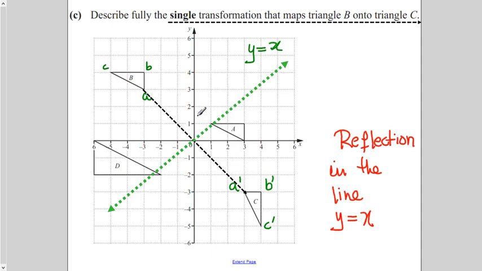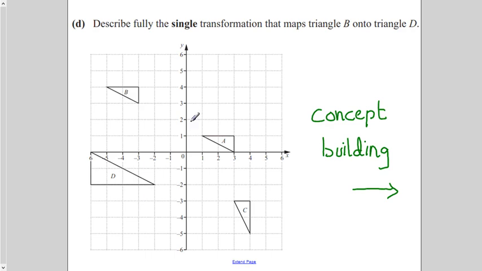This is how we find the line of reflection. Because it is on graph paper and plotted very clearly, we don't need to work it out. It is straight away y equals x. If the line is slanted, then we can pick 2 points and, like we use the method in coordinate geometry to find the equation of the line, we can find that out.